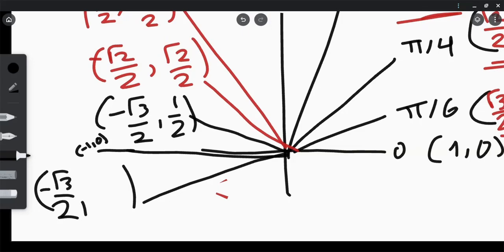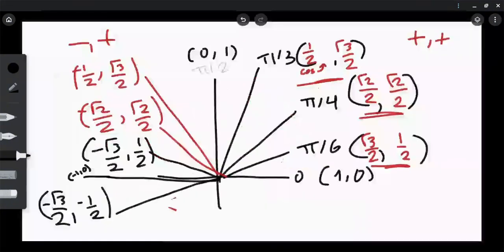And the y will be negative as well. You see, all of them are the same. They are just changing their signs, becoming positive or negative as they enter the other quadrants. So for this quadrant, both x and y are negative.